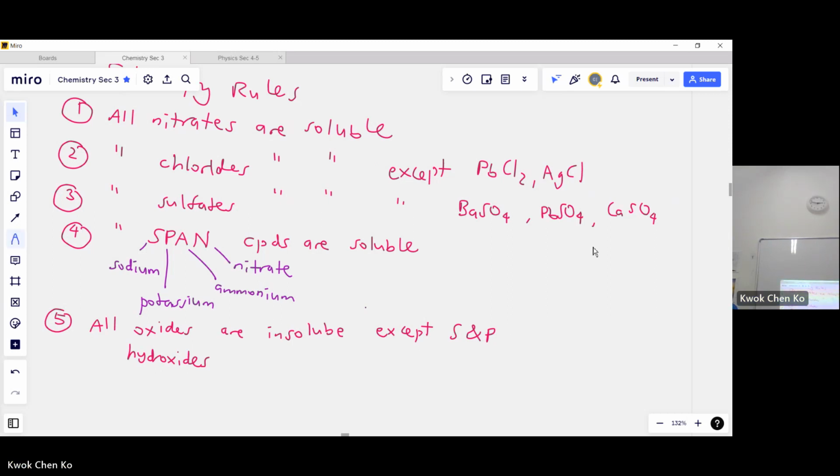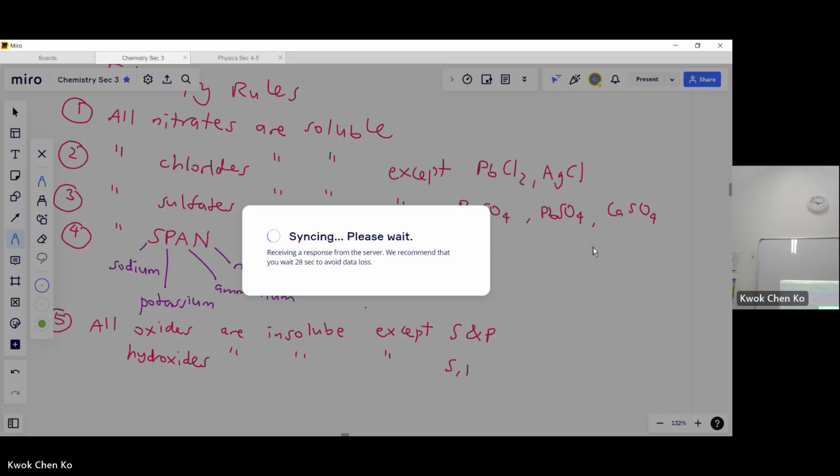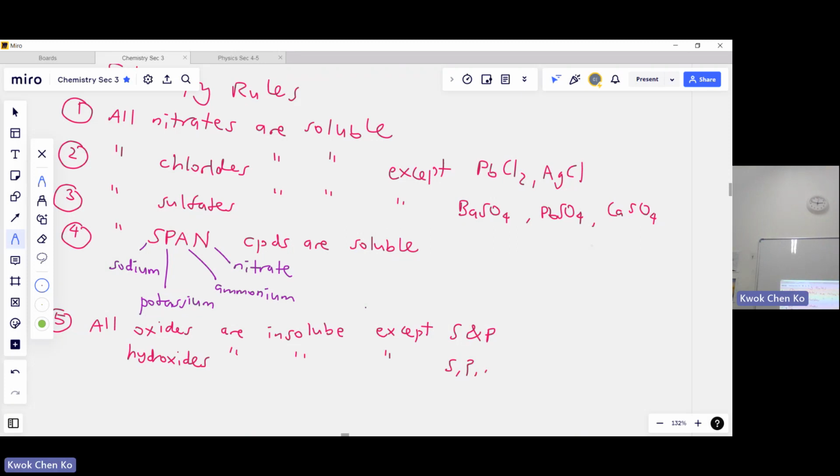However, there is ammonium hydroxide. As I said, there's no ammonium oxide, but there's ammonium hydroxide. Good question. So that would be number 6.